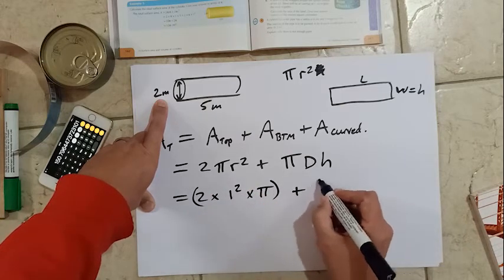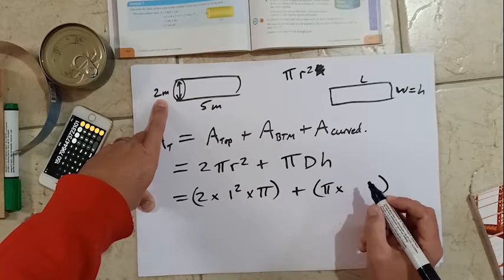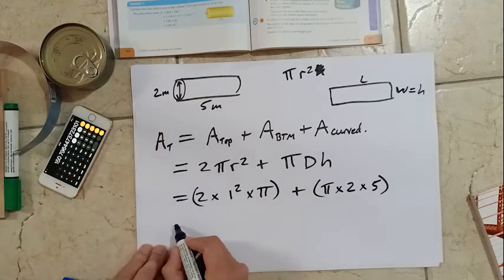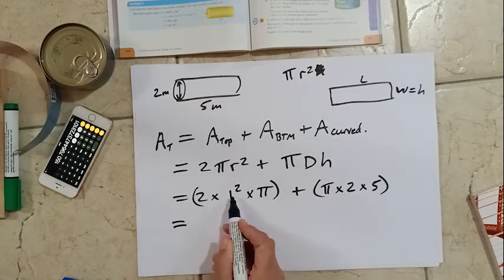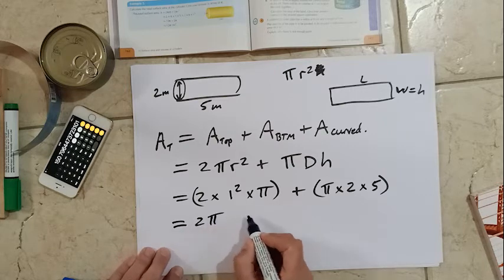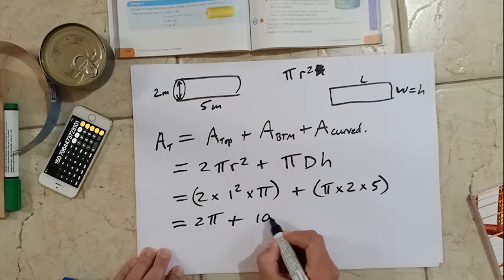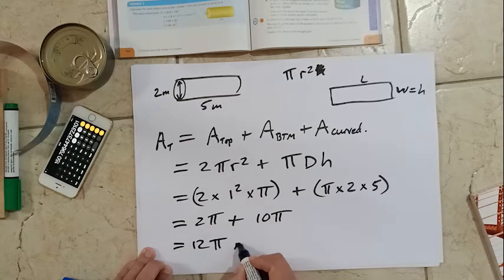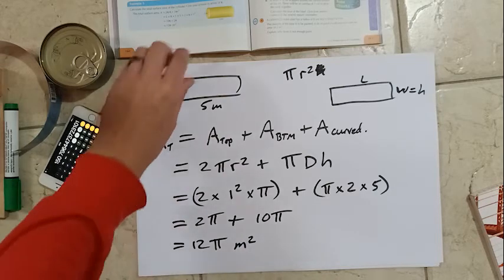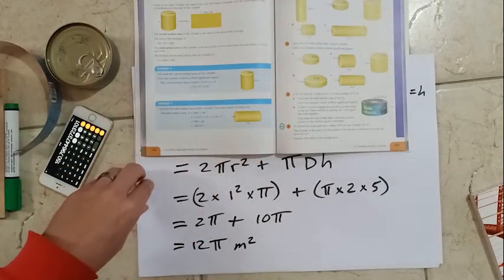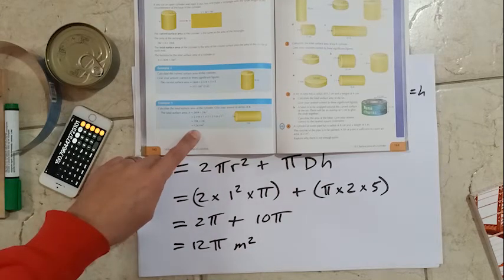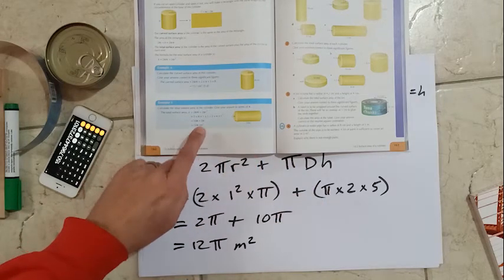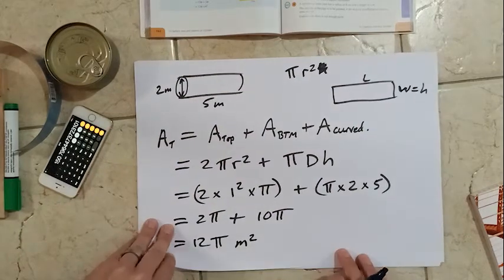Plus pi times d, which is 2, times h, which is 5. 1 squared is 1 times 2, so that's 2 pi, plus 2 times 5 is 10, 10 pi. 12 pi units. Again, another mistake: that's 2 meters and 5 meters, so the answer is 12 pi meters squared, not centimeters squared. Okay, off you go.